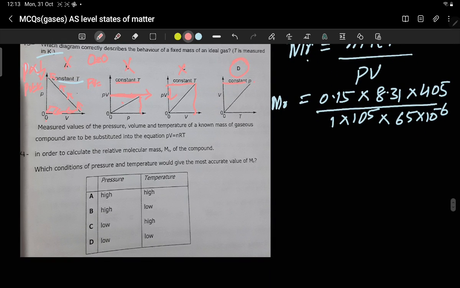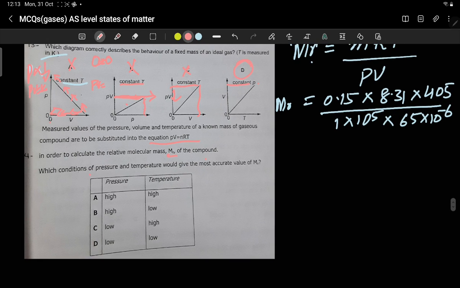Measured values of pressure, volume and temperature of a known mass of gaseous compound are to be substituted into the equation PV is equal to nRT in order to calculate the relative molecular mass Mr of the compound.